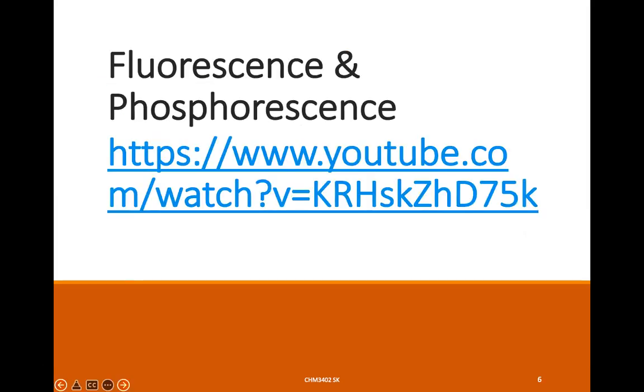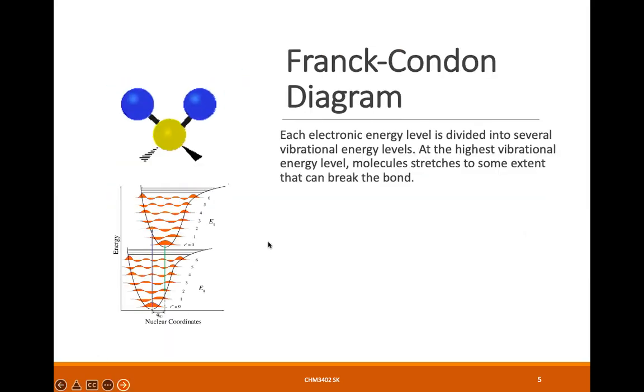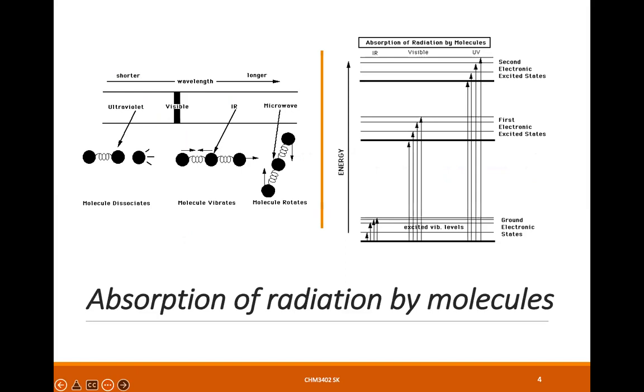Right? So this one is just to show you the vibration, if that electron is at a certain vibrational excited level. Okay. So by now you should understand the electronic excited states and the vibrational level excited states.